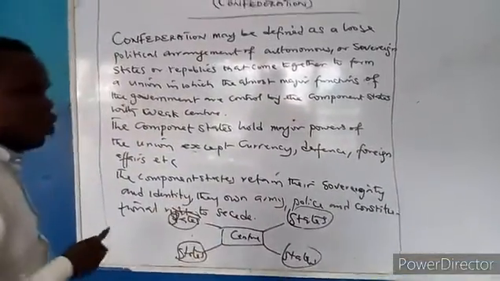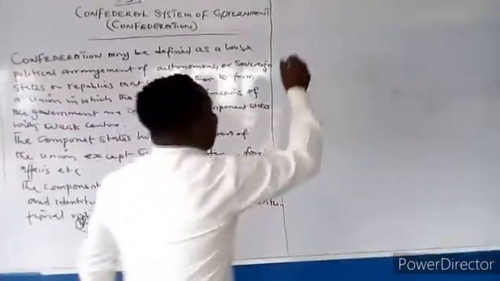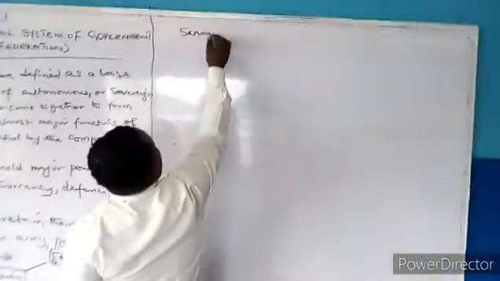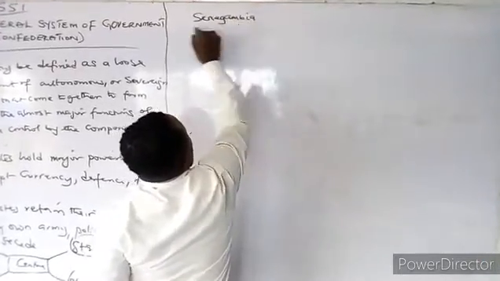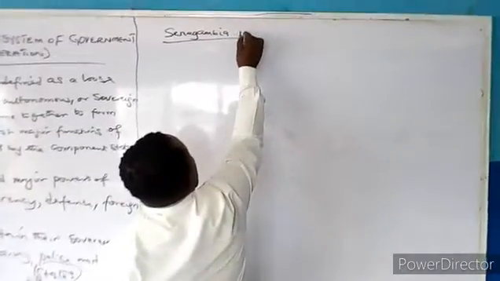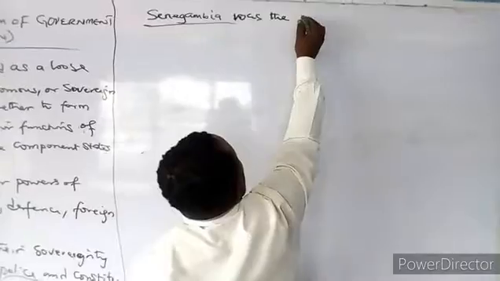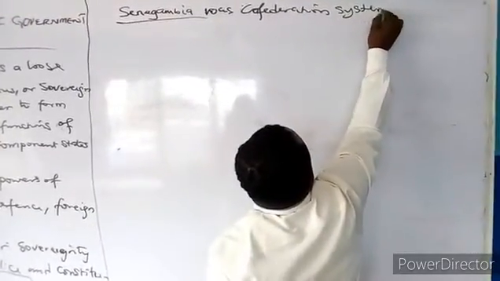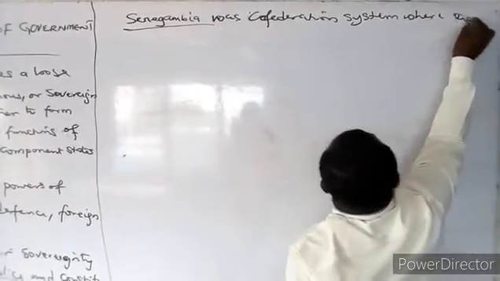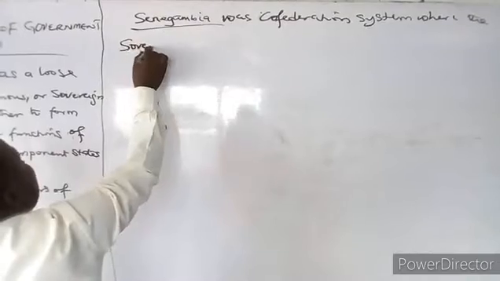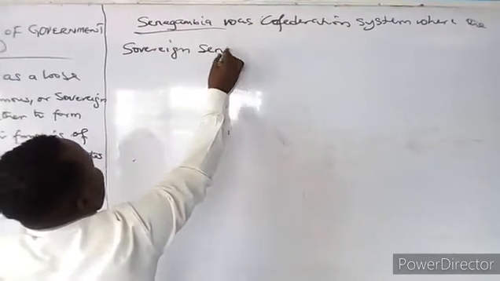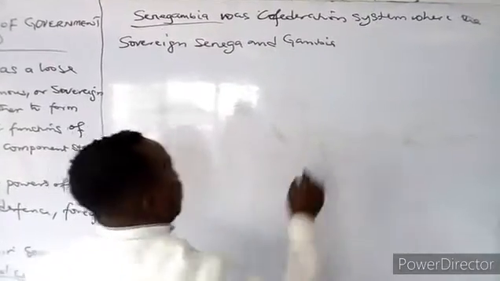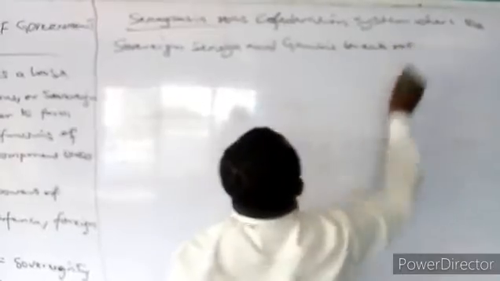Now let's see examples of such unions. Examples of confederation are: Senegambia, a confederation where the sovereign Senegal and Gambia broke out.